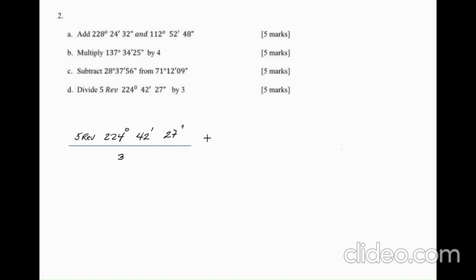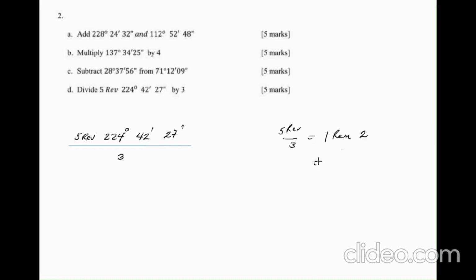So what happens when you divide 5 revolutions by 3? You get 1 revolution, but then there's a remainder, isn't there? A remainder of 2 revolutions. But 2 can't divide by 3. So we'll convert this 2 into degrees.